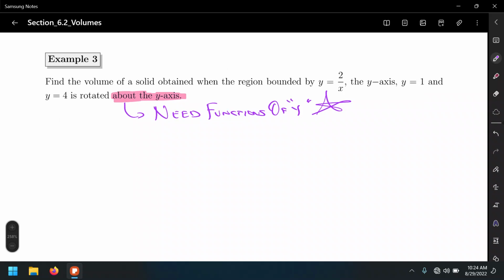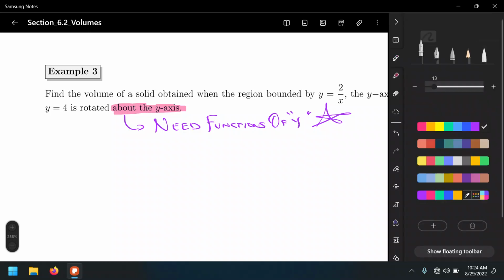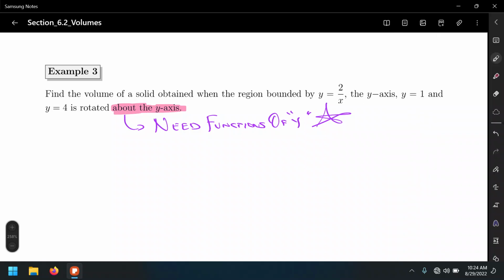How do we graph this function? Well, what does the graph of y equals 2 over x look like? Any ideas? Like 1 over x.